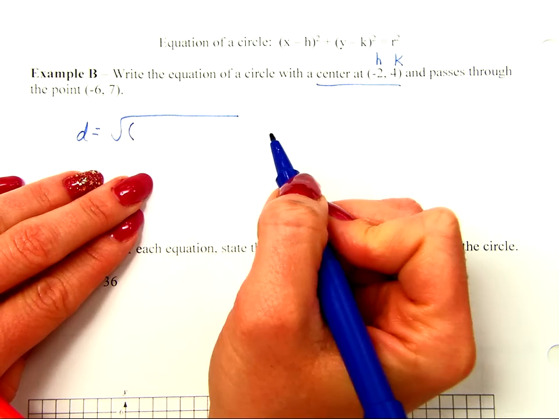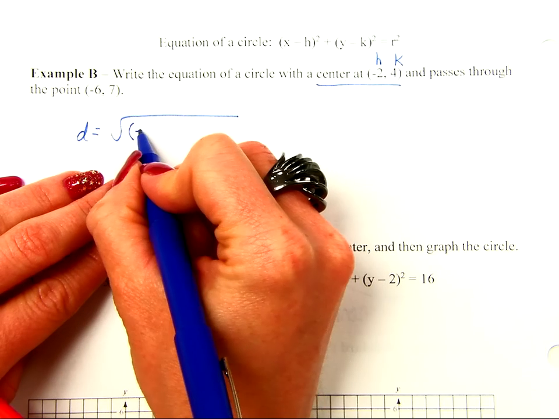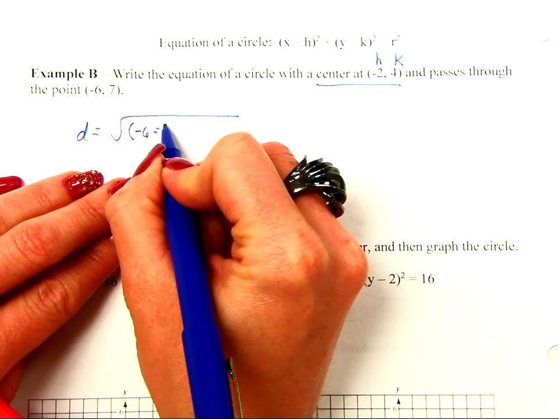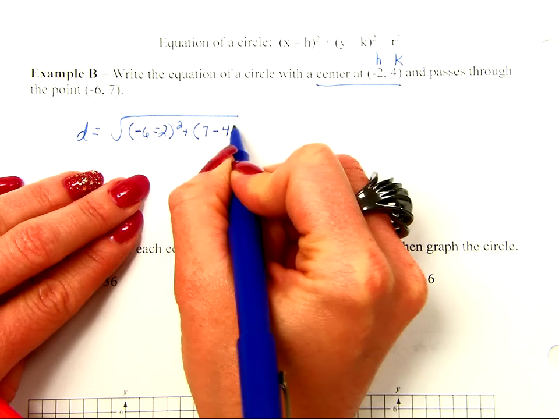So I'm going to go ahead and say (x minus x) quantity squared and (y minus y) quantity squared.